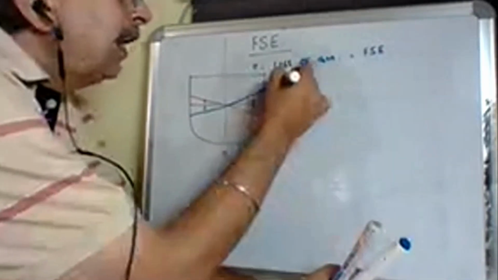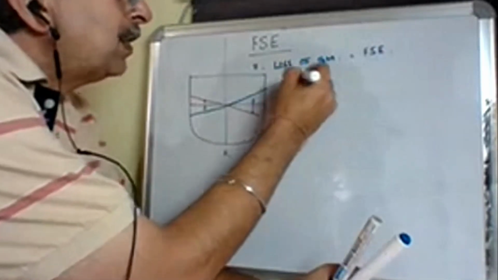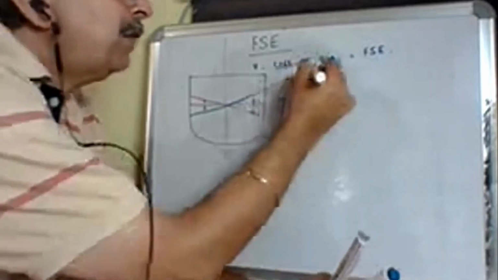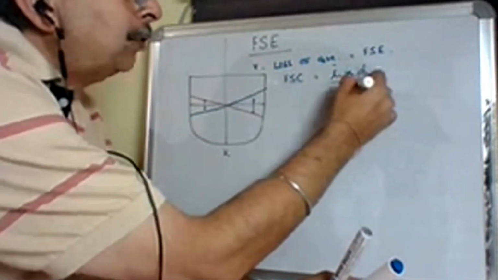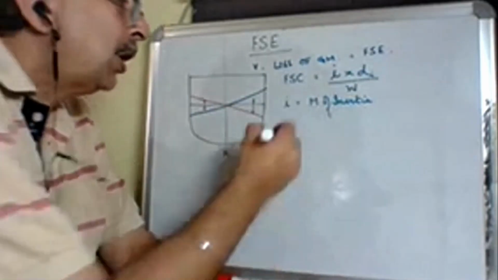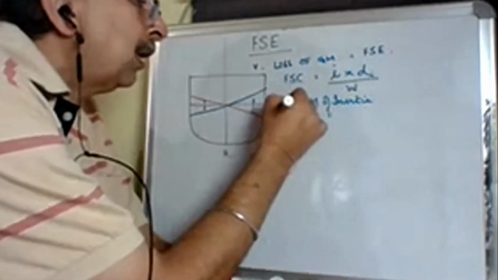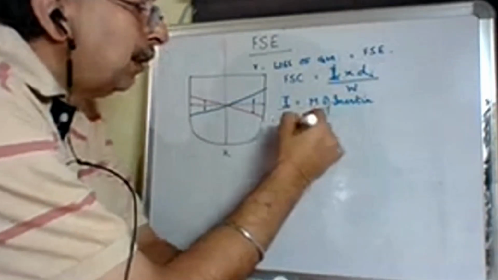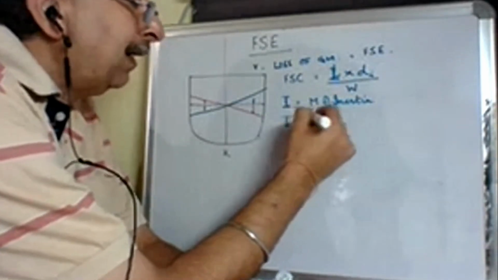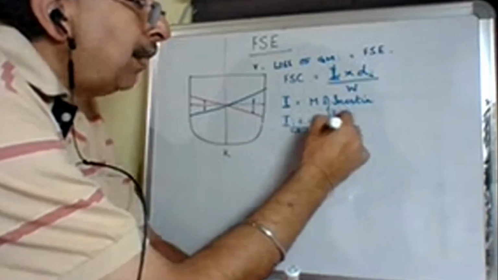This free surface effect leads to what is called free surface correction. Free surface correction is given by the formula I by W, where I is the moment of inertia. I can write it in capital also, same thing. I, the moment of inertia, for a rectangular water plane is LB cube by 12.